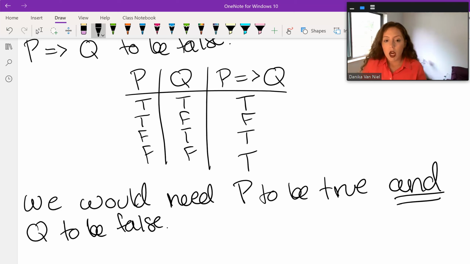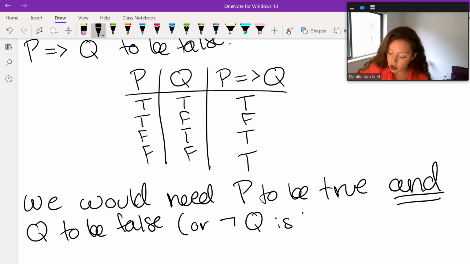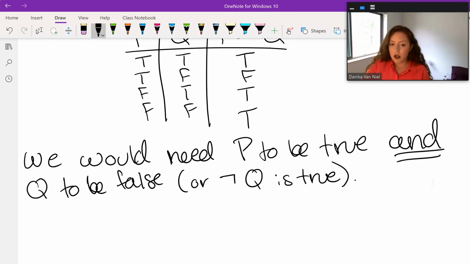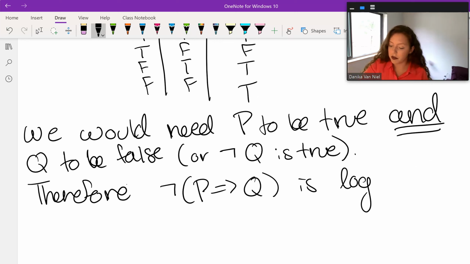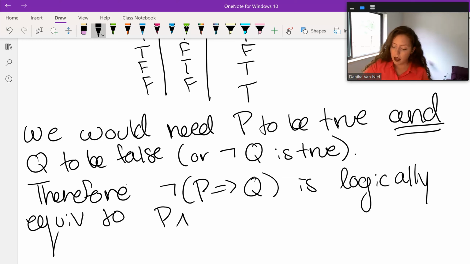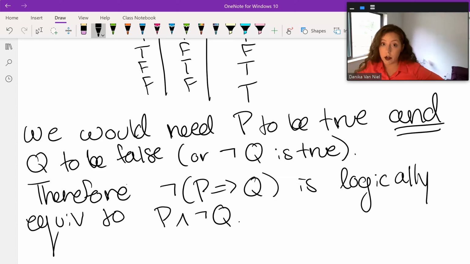Okay. Another way to say that Q is false is to say that the negation of Q is true. Therefore, the negation of P implies Q is logically equivalent to P and not Q. So I hope that's kind of clicking.